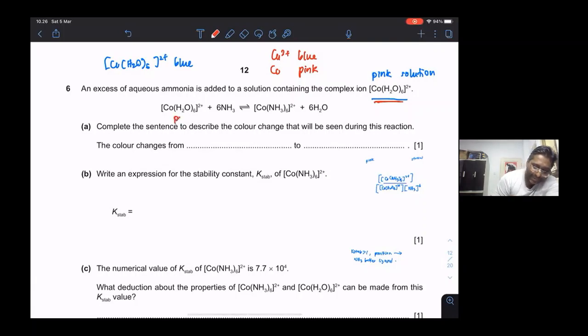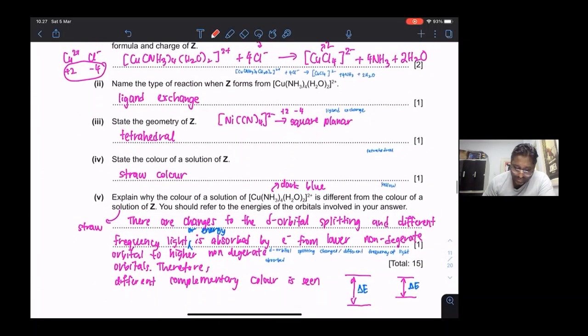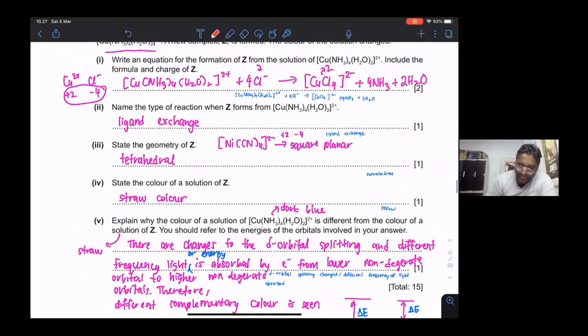This is pink, as I told you just now, and you are reacting it with ammonia. So the color is going to be this one, cobalt with ammonia, straw colored. Just now I think I made a mistake, this is not straw colored, sorry, this is wrong.